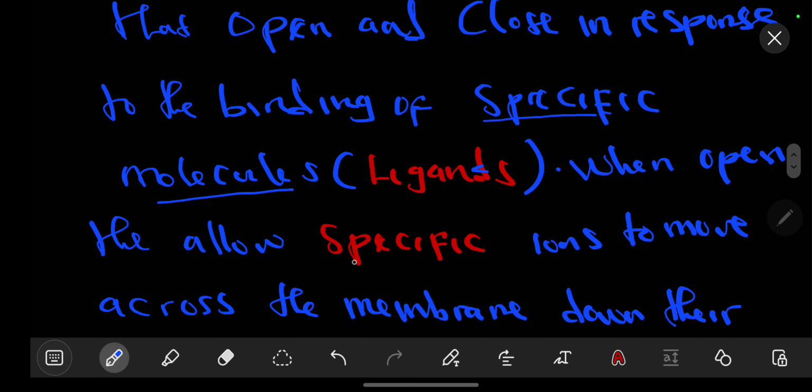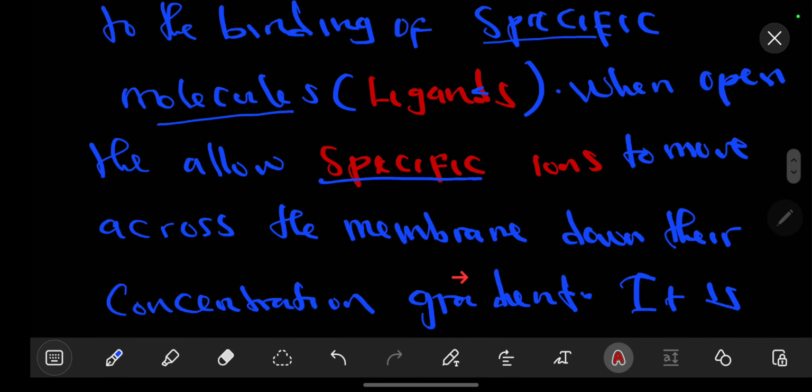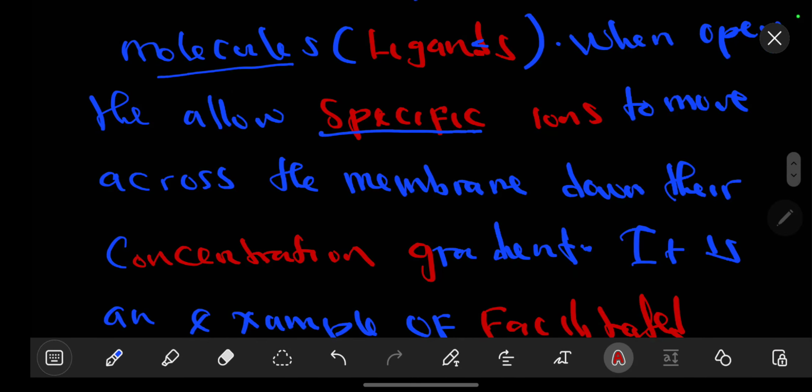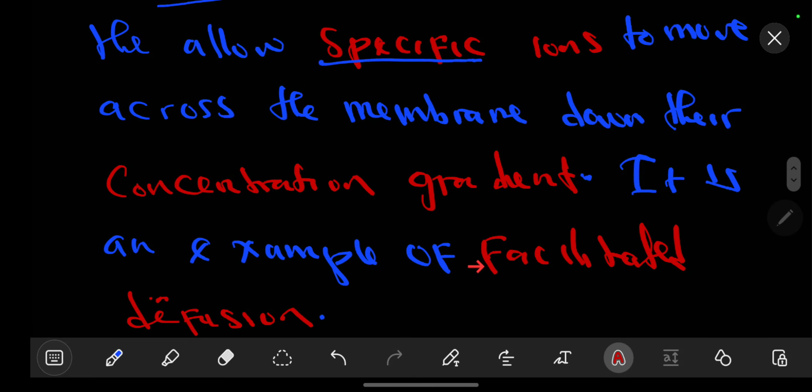When open, they allow specific ions, not just anything, to move across the membrane down their concentration gradient. It is also an example of facilitated diffusion, meaning for the ions to pass, they need a channel, which we call our protein channel.